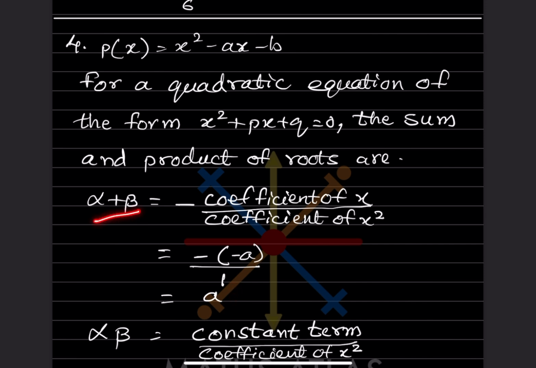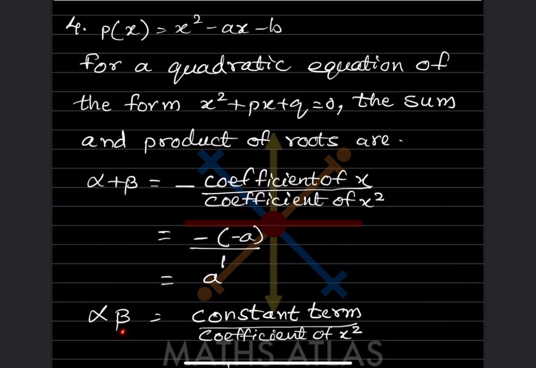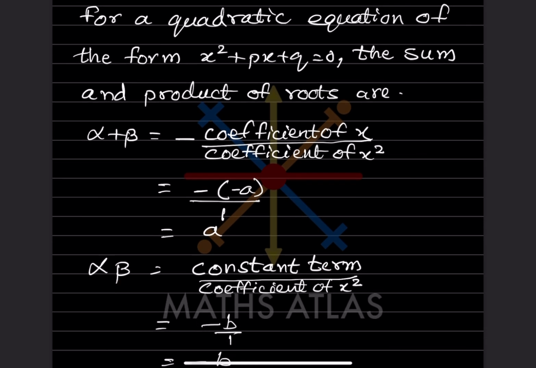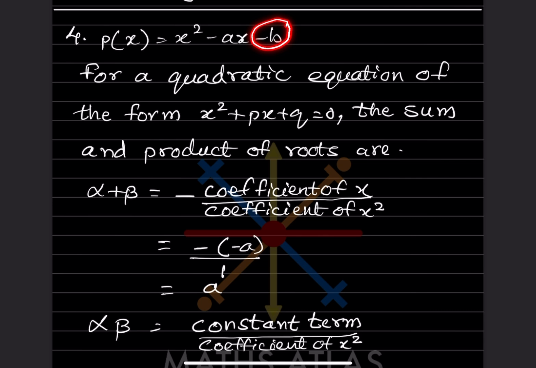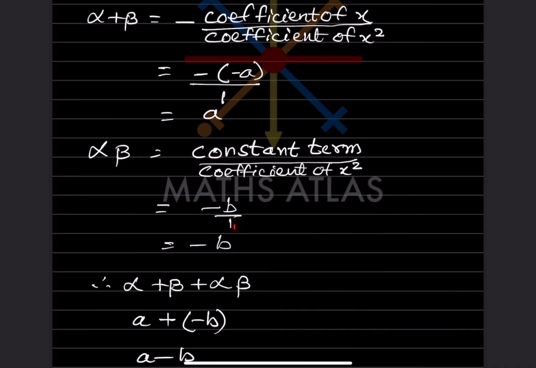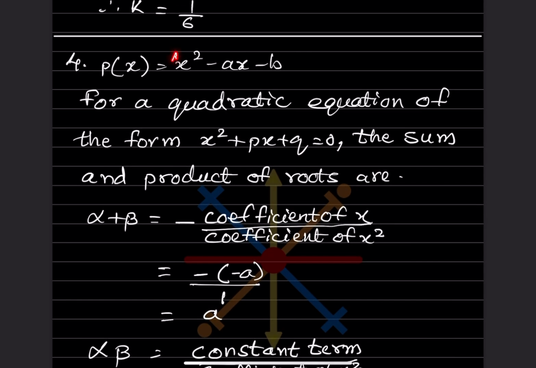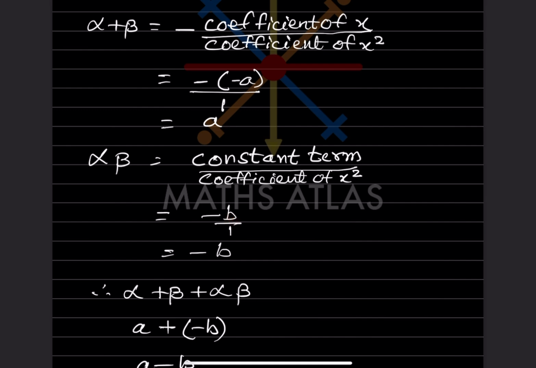And now for alpha beta, the formula for alpha beta is constant term divided by coefficient of x square. So constant here, what we can see, is minus b. So minus b divided by coefficient of x square, that is going to be 1. So here that will be minus b by 1, that is going to be minus b.